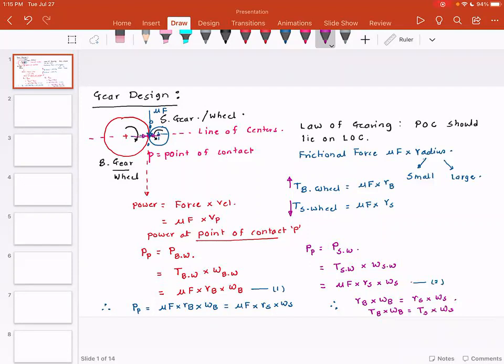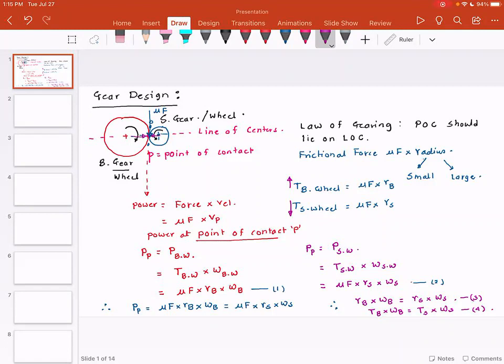And with those two equations, you can actually rewrite the equations from, I'm going to say this is equation 3, this is equation 4, and these sets of equations give you the equations for power transmission.